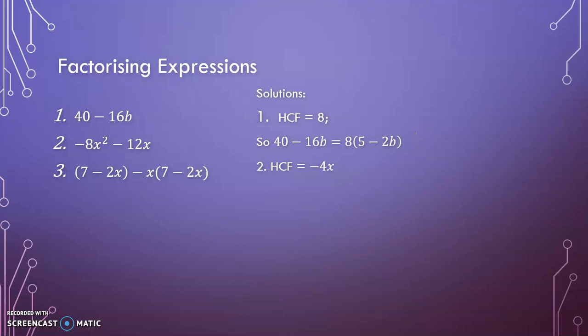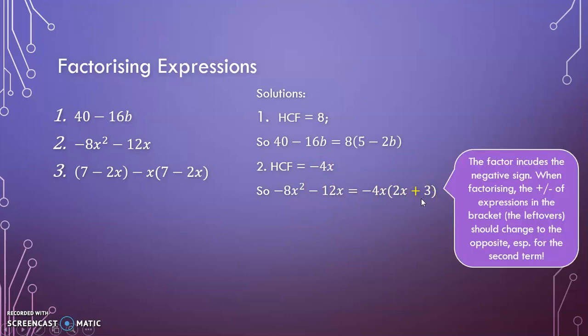Then for the second one, your highest common factor is negative 4x. Yes, it can be a negative number. When we take out negative 4x, whatever has left over, if you look at negative 8x squared, we take out a negative 4x, whatever is left should be a positive 2x. Similar things happen to the minus 12x, because we take out the minus, so whatever has left should be a positive one.